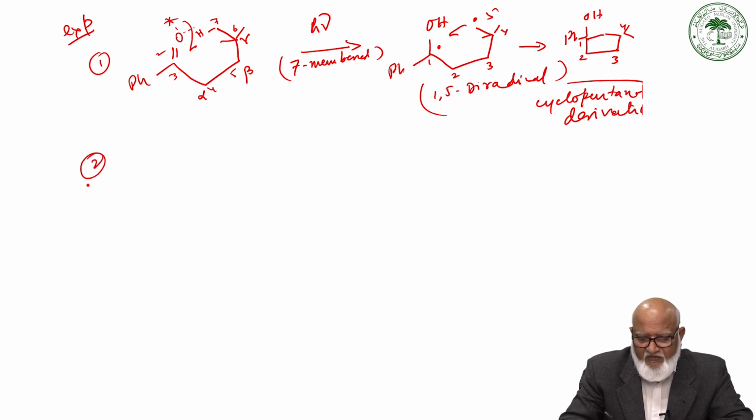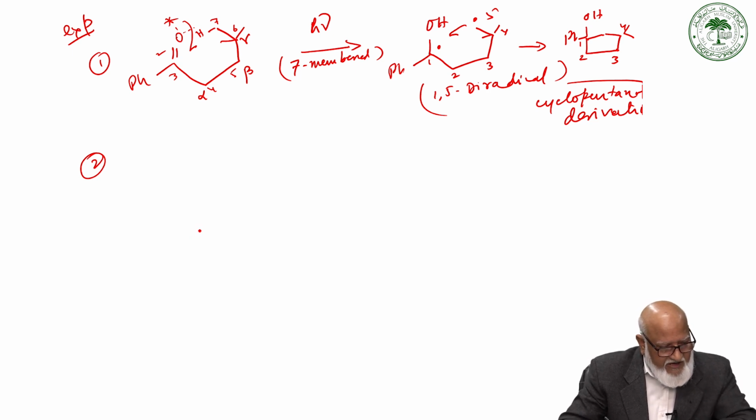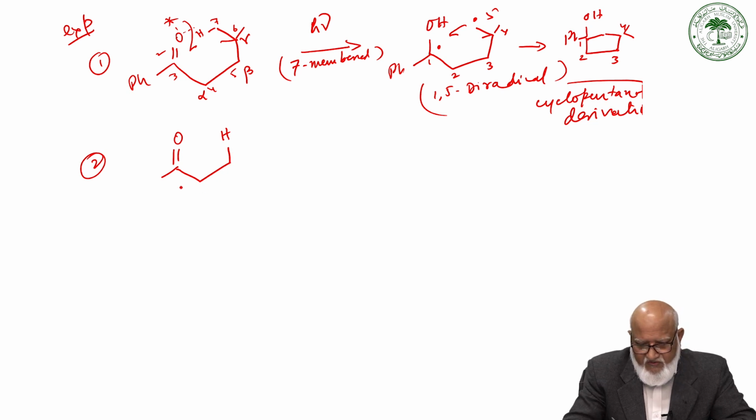There is another example where there is availability of only the beta hydrogen. It is just a 1, 2, 3, 4 carbon chain system. There is an alpha carbon, there is a beta carbon. This is a dialkyl amine, R2.